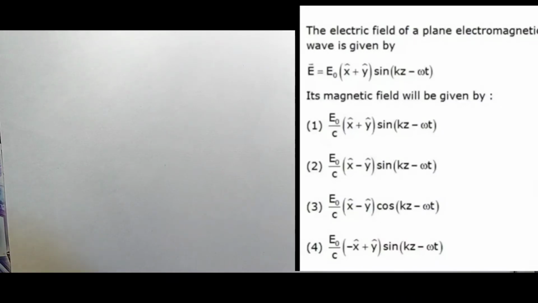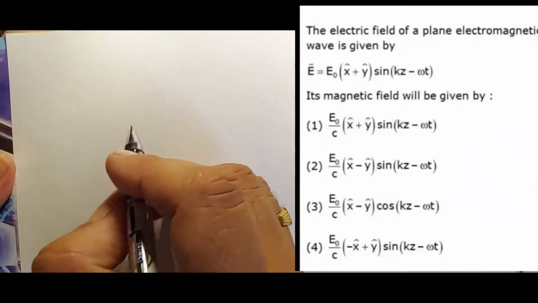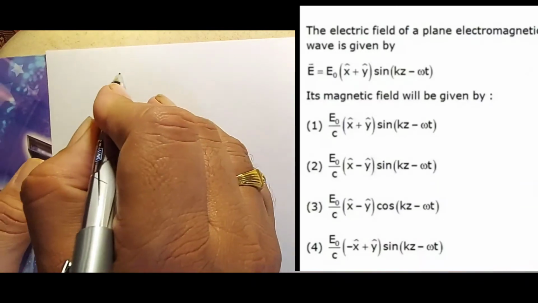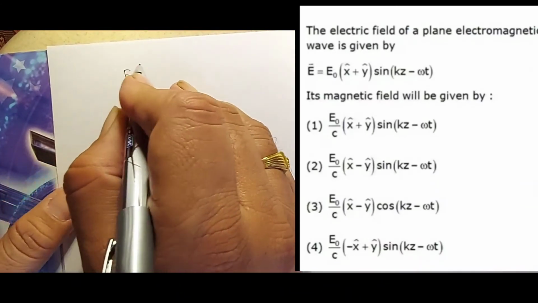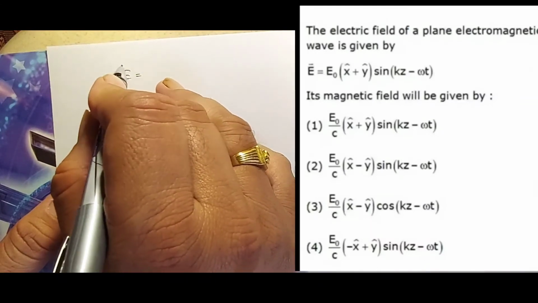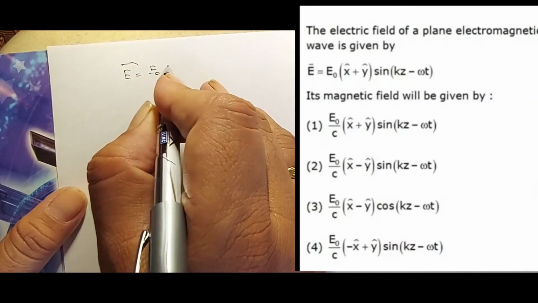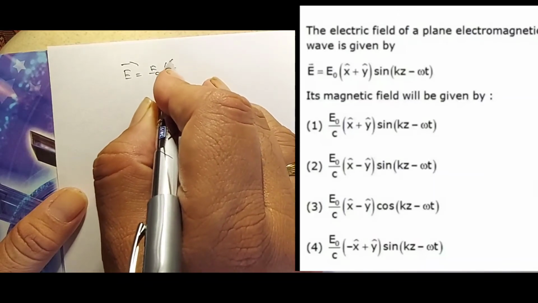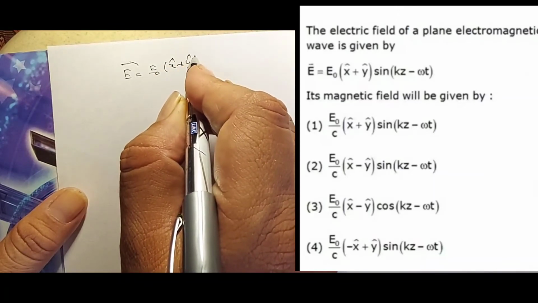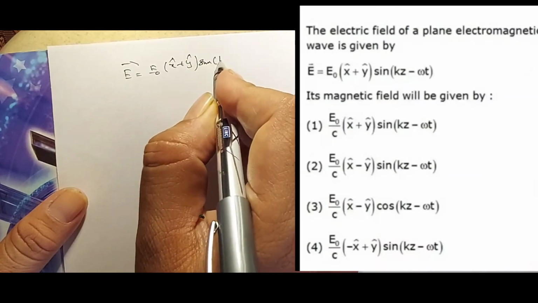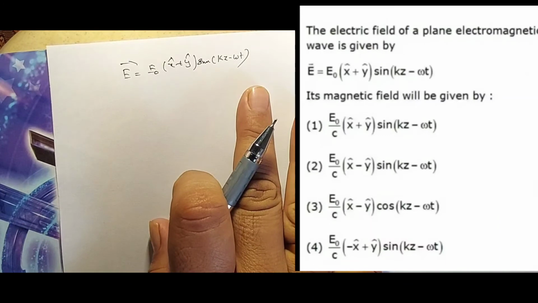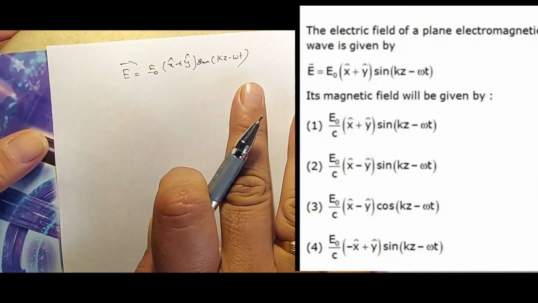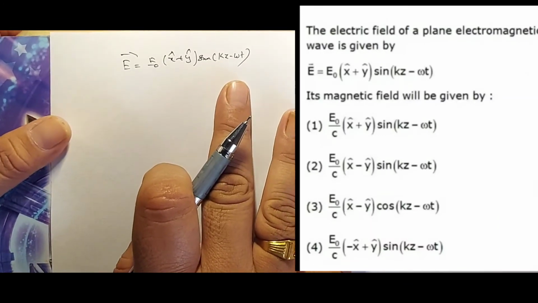Its magnetic field will be given by, here the electric field is given by E bar is equal to E naught into x cap plus y cap sin kz minus omega t. Here the wave is traveling in the z direction, the k direction.